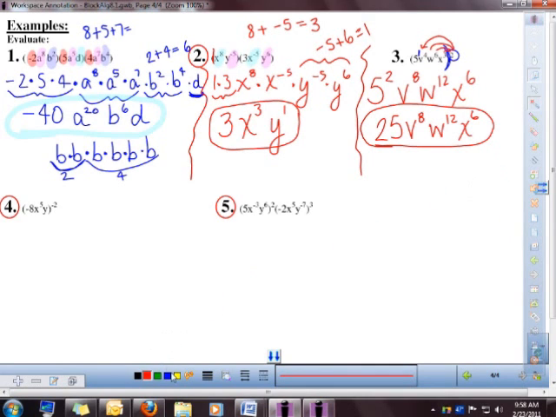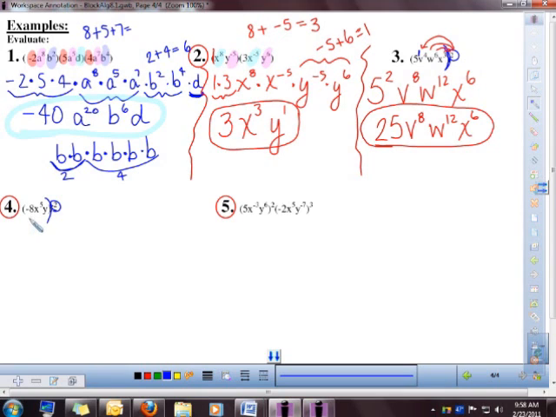Okay, let's do number 4 together. So on number 4, we've got this parenthesis at the end with an exponent outside the parenthesis. It's like distributing. It's not called distributing, but it's like that. We're going to multiply the negative 2. Y'all see that's a negative 2 on that one? Times all the exponents.